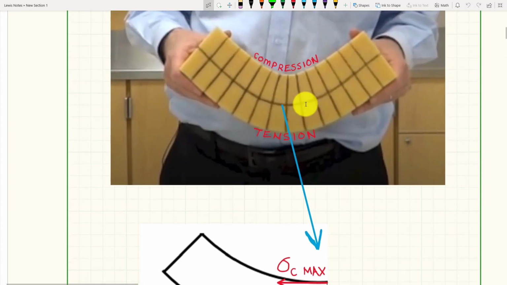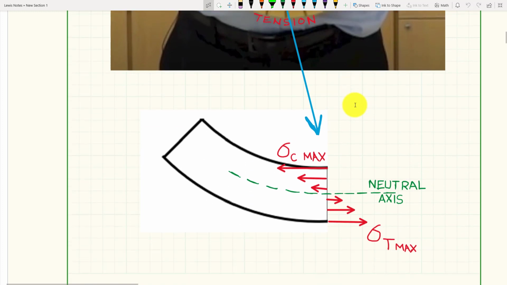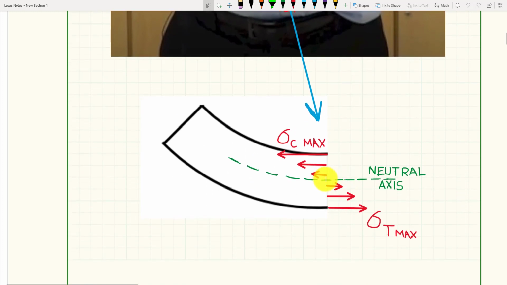See, we're showing our neutral axis right there. At that neutral axis, there's basically zero stress happening. That's the transition line from the compressive forces to our tensile forces. Now, the forces are going to grow larger as you get closer to the surface, away from that neutral axis. You guys remember that from theory.